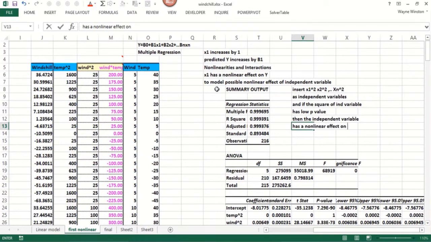Now, what does an interaction mean? Suppose we're trying to predict sales of a product, x1 is price, and x2 is advertising. Okay, so we would say price and ads interact to predict sales if the effect of, let's say, changing the advertising depends on the price.